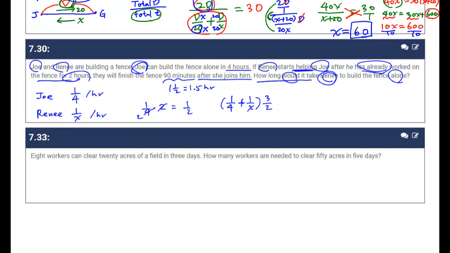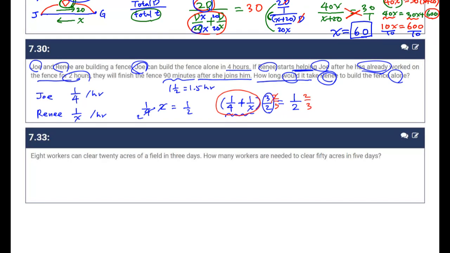The result should be working together for this long. They have to finish the rest of the job, which is 1/2 of the fence. So that's the equation.